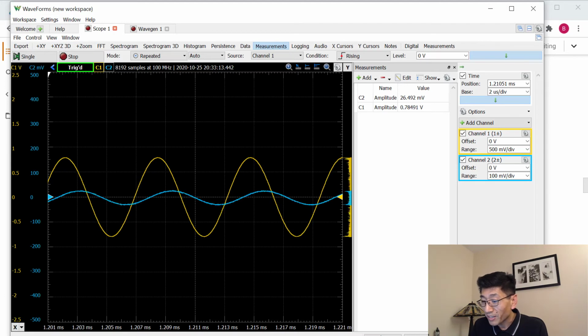But you can see it is significantly smaller than the input.